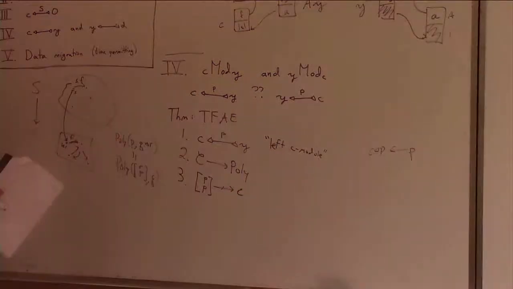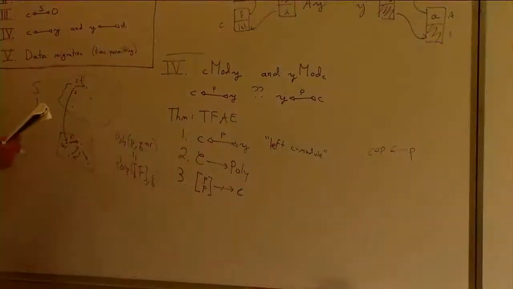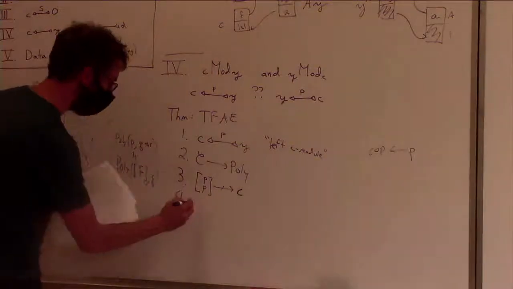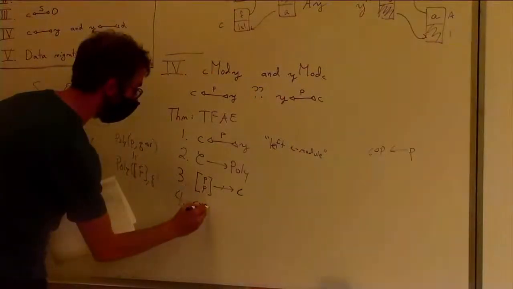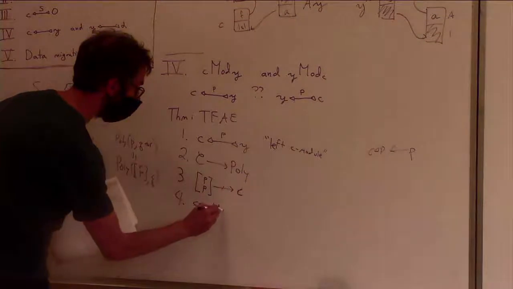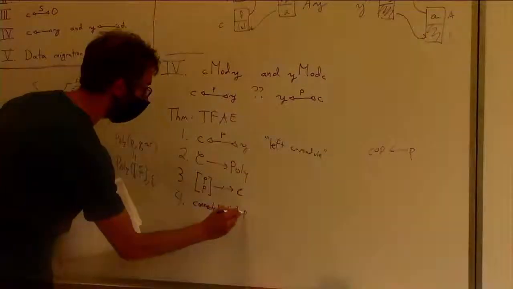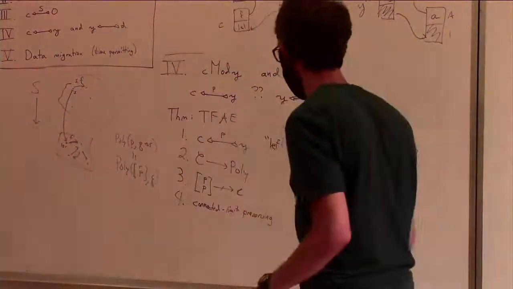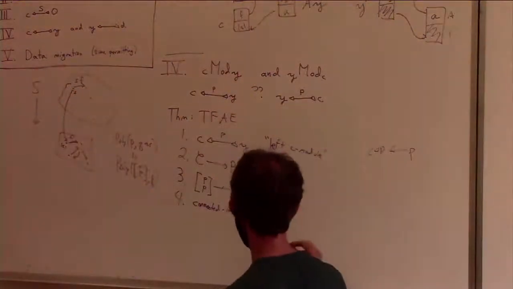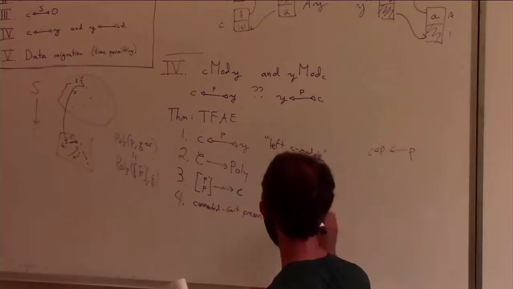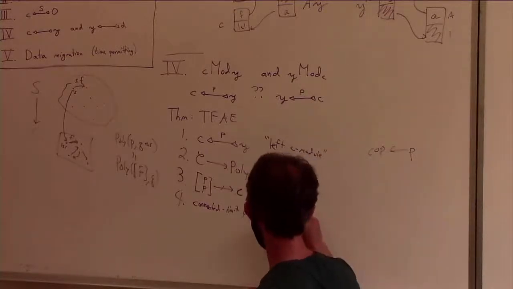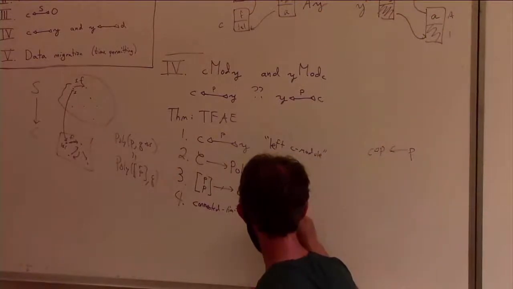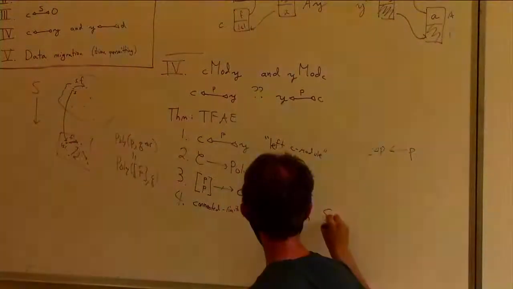Okay, and then finally 4, connected limit preserving. A functor preserves connected limits if it preserves basically pullbacks and equalizers in any shape that doesn't, maybe I shouldn't say much more. Connected limit preserving functors set to C set.